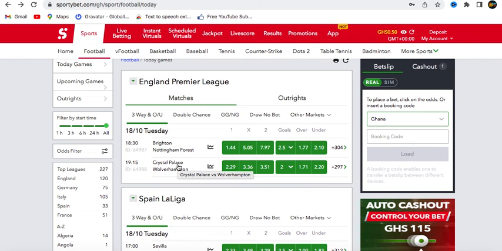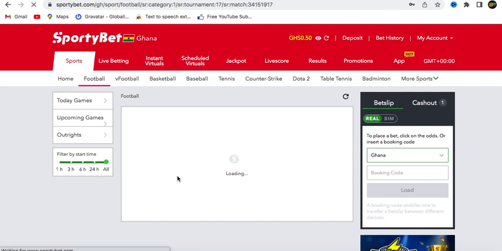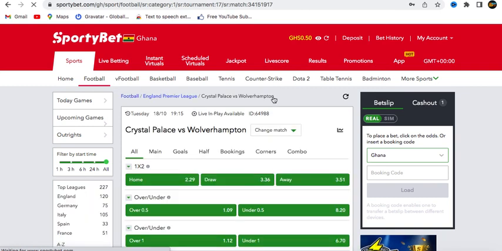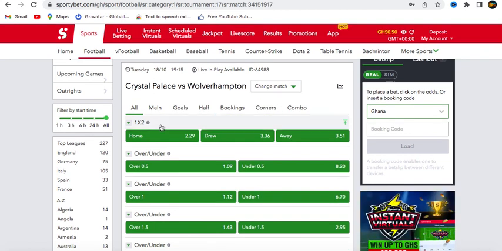First step, you click on the match like this to open the match stats. When you open the match, the first thing to do is check the total goals of the match, the goals which are going to happen at the end of this match.